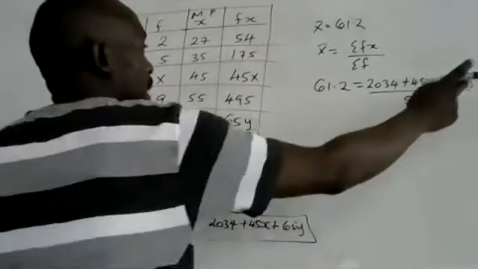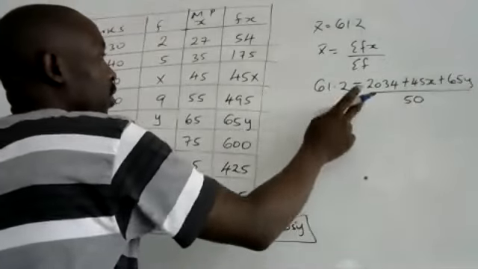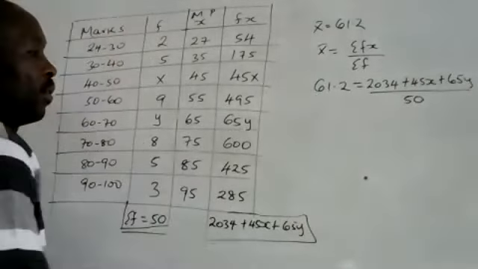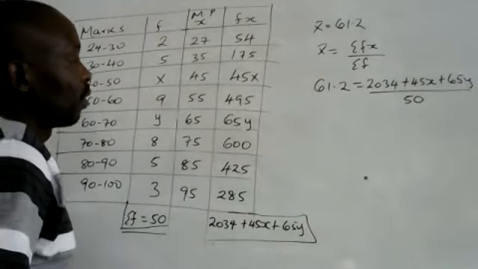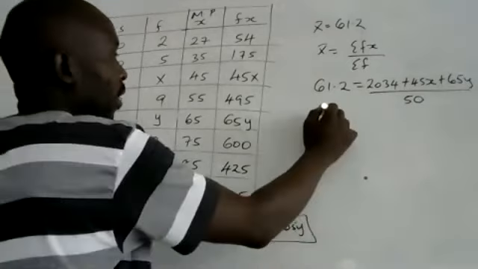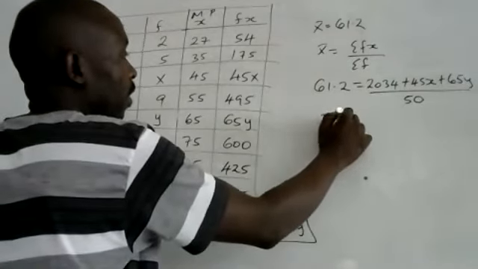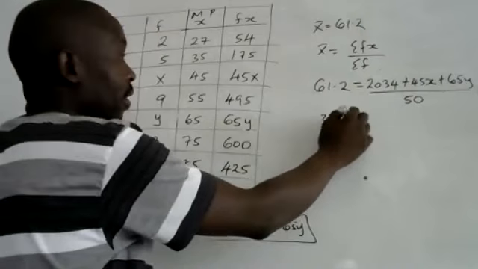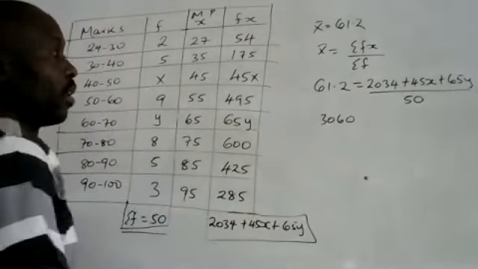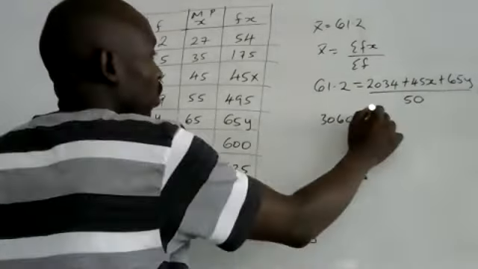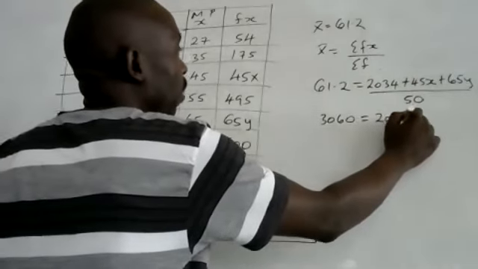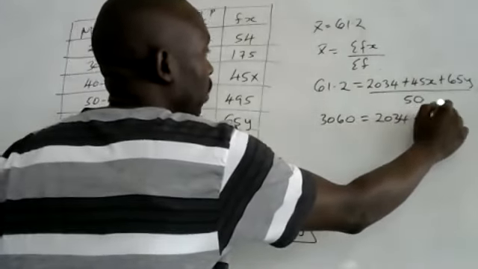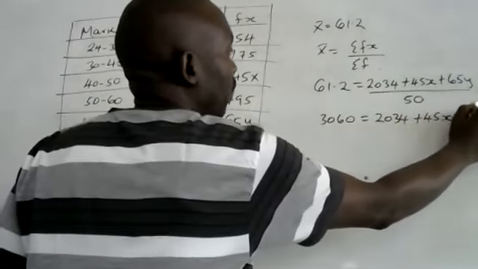If we multiply by 50, 61.2 times 50, that is 3060, is equal to 2034 plus 45x plus 65y.